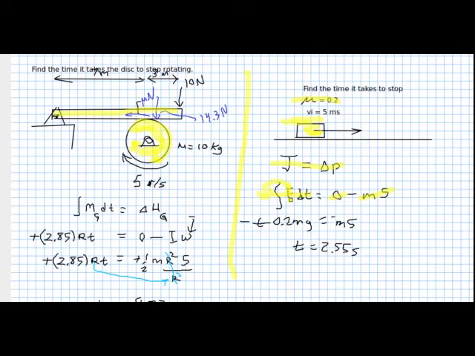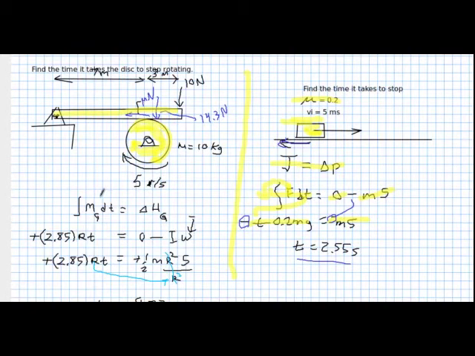So you get the force, which is a constant, times the integral of dt. Integral of dt is t. So we have t times 0.2 mg equals mass times 5. Because the force of friction is to the left, this has a minus sign, and this has a minus sign. So the minus signs cancel, and we get a time of 2.55 seconds.